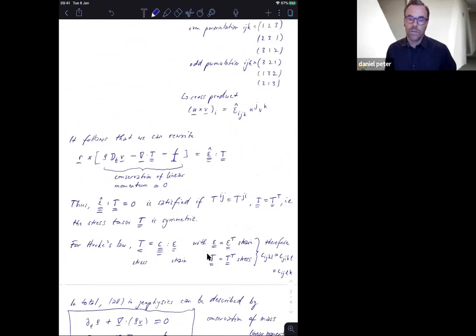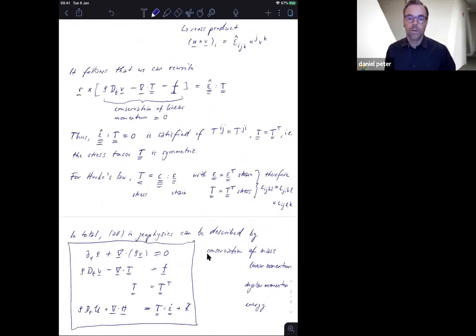So if the stress tensor is symmetric, then angular momentum is conserved. And if we look at the Hooke's law, that symmetry imposes then symmetry on the elastic tensor, which makes that the elastic tensor at the end only has 21 free parameters. So any elastic body can be described by 21 parameters.